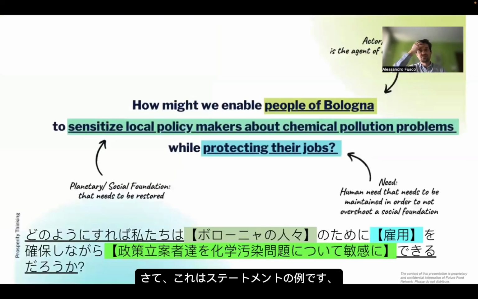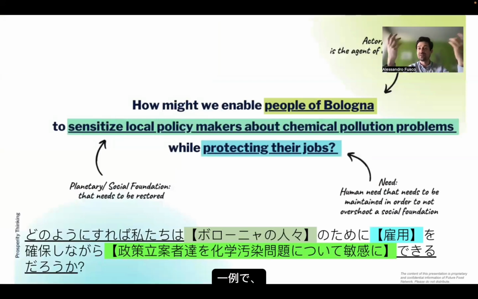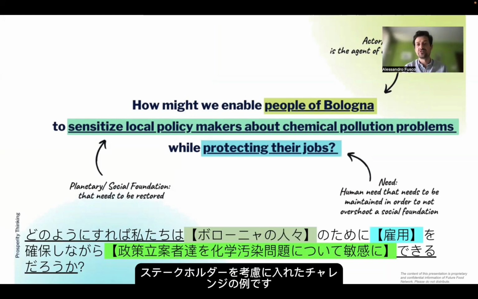And this is one of the possible examples of a challenge that takes into consideration planetary, human, and the most important stakeholder.